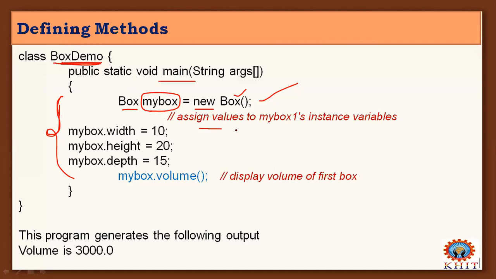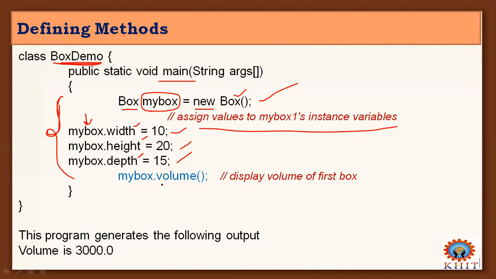Coming to assigning values to my box instance variables: myBox is an object of the box class, so it can access any instance variable defined in the class. These variables can be accessed through the myBox object, and we can initialize the instance variables of the box class.